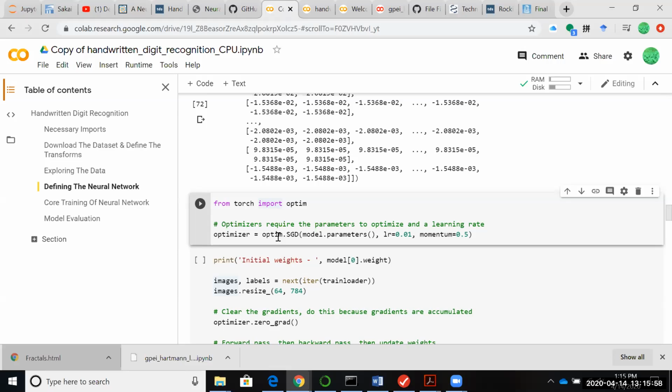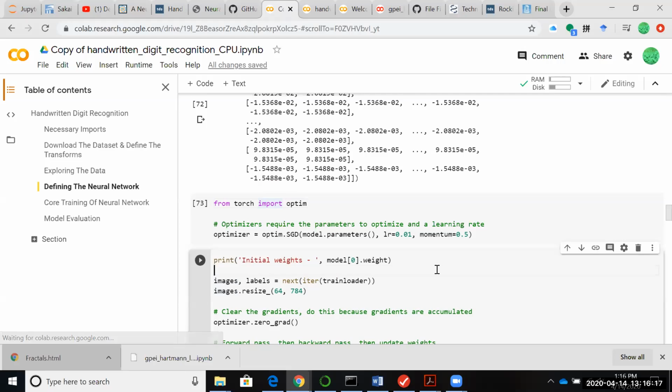This optimizer uses so-called stochastic gradient descent. Now, gradient descent, you all remember what it is, right? It's basically saying we take the gradient of our loss with respect to the parameter we're trying to optimize, and then we just take the maximum gradient descent.